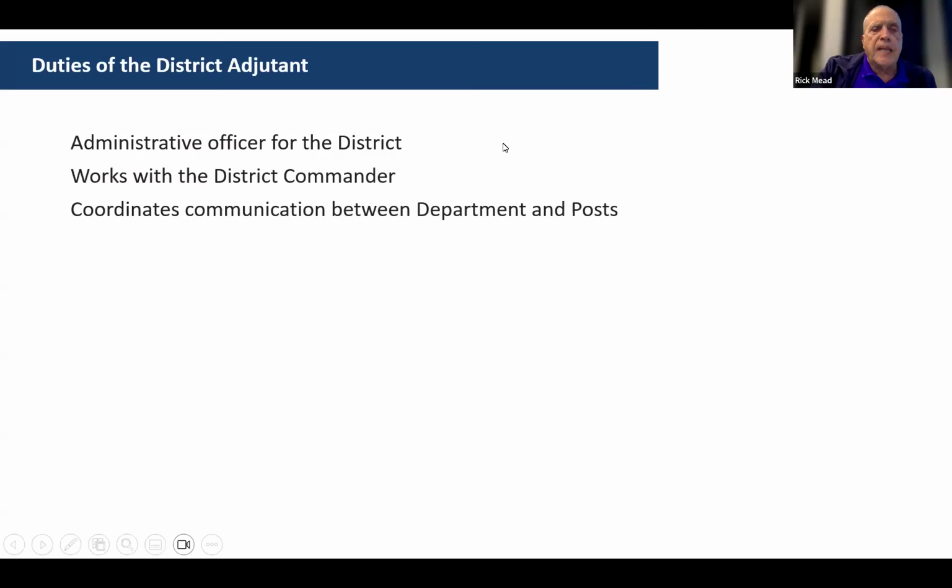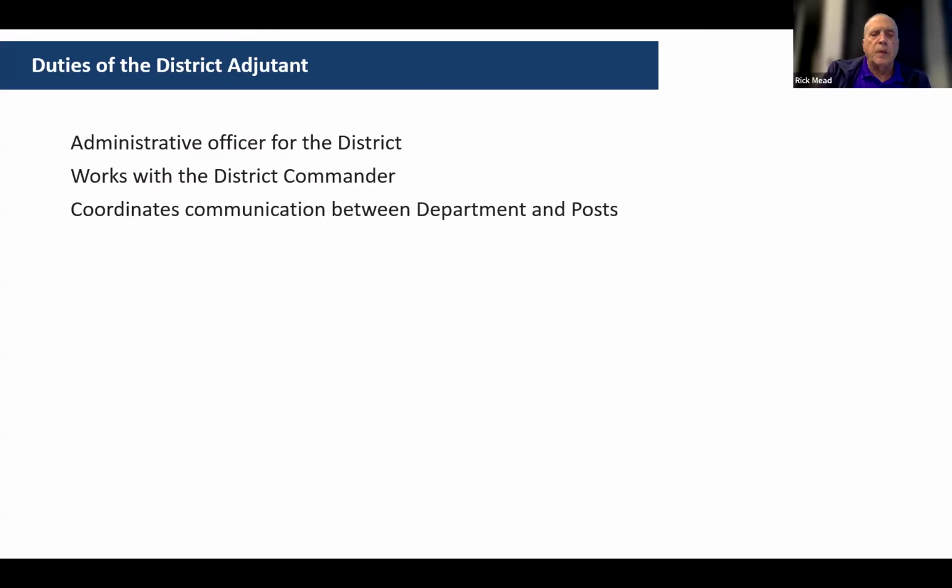Okay, district adjutant. Again, administrative officer for the district, works with the district commander and coordinates communication between department and post. Right now, we shortcut this often, and there's a lot of things that I'm sending out directly to post leadership, but I would prefer to be able to simply send this to the district leadership and know that it was going to get out to the various posts.